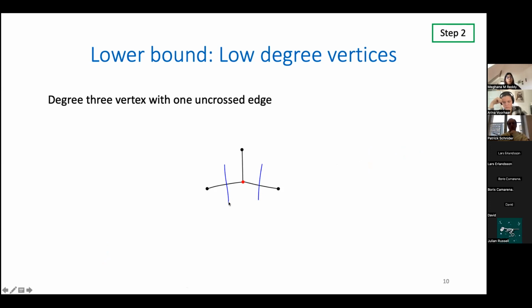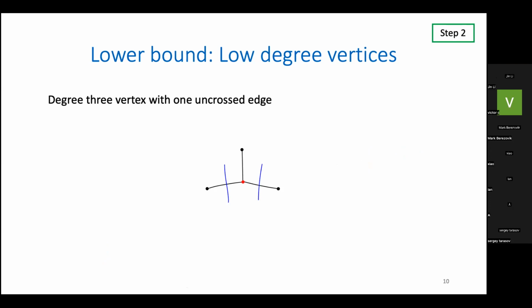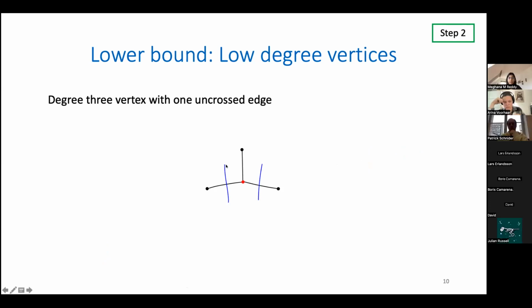The analysis is very similar to the degree 2 vertex, because let's say we have one endpoint of this, we can add an edge between the degree 3 vertex and the endpoint of this vertex. That should not be possible. It should already be adjacent to one of the neighbors. With some extra analysis, we can show this does not happen, and this is the only way it can look.